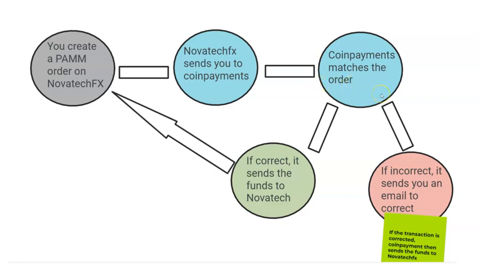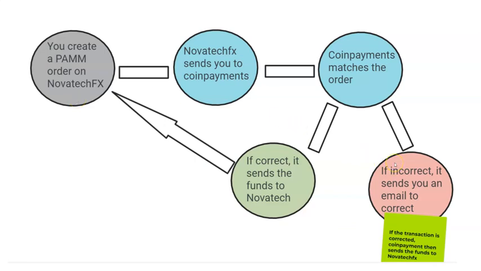Now, if the order is incorrect in any way, COINPAYMENTS tries to resolve that with you by sending you an email. The email that you receive depends on what the issue may be. If you turn around and complete the transaction and correct what's wrong, they will then send the payment over to Novatech FX as normal.